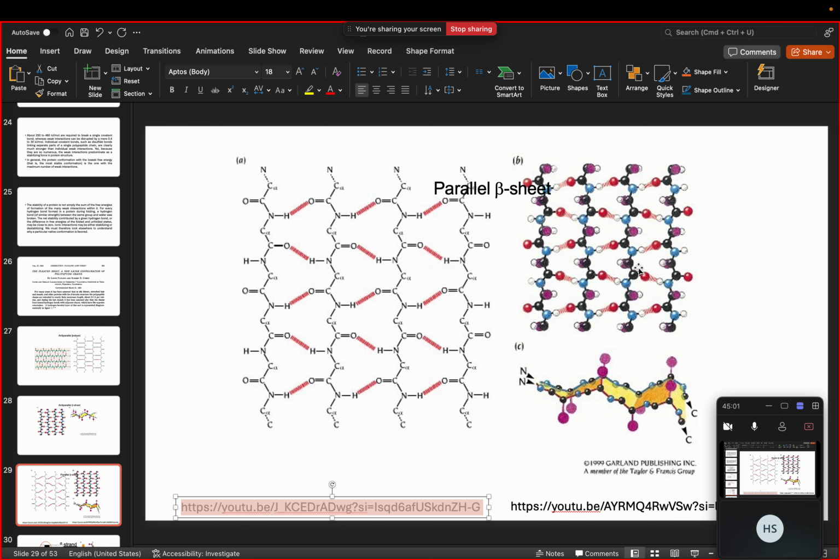So knowing these motifs, knowing the functions, how they are doing, the certain characteristics of these motifs help us in determining the function of a newly discovered protein.